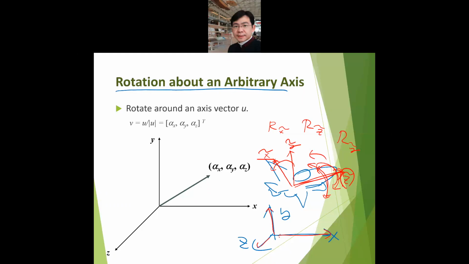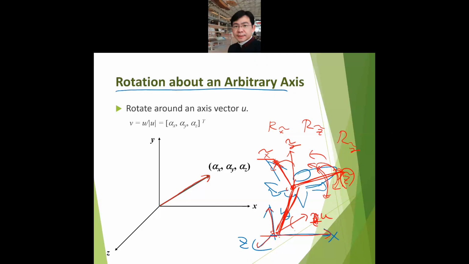But we can simplify this problem. We can skip the transformation between the parts. For instance, if we rotate this way, we can use translation to move to the origin and do the following process. So we reduce this problem to focus on an arbitrary axis just like this one, but we move it to here, and we call this vector u here.